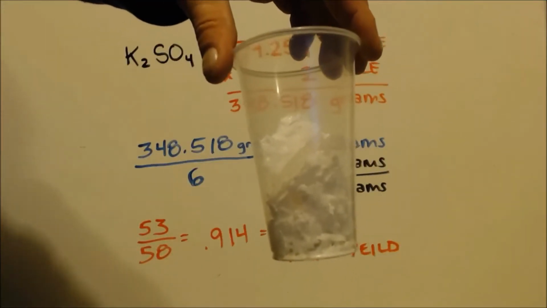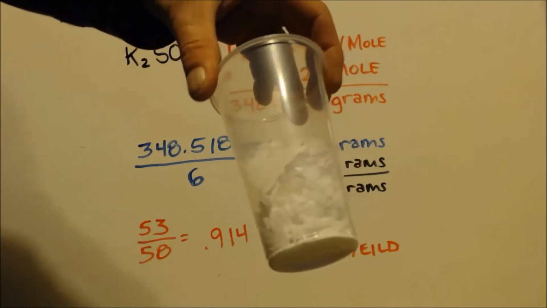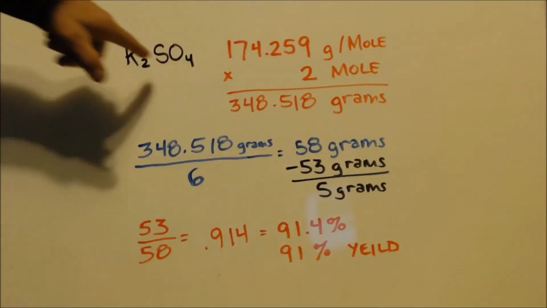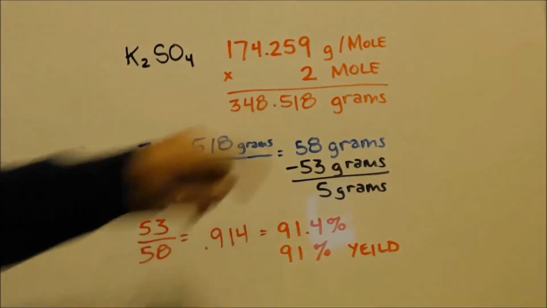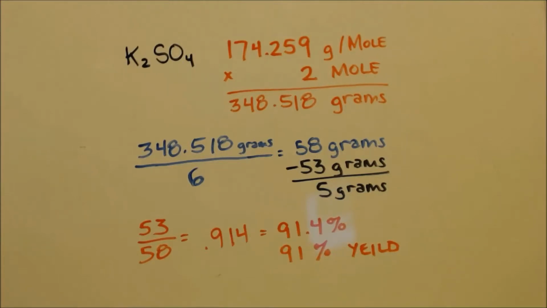Alright, here's the potassium sulfate I got. It's nice and white. Potassium sulfate is 174 grams per mole. According to the equation, we should have got 2 moles, so I doubled it. Got 348. Now, if you recall, we divided everything by 6 so that we would have lower amounts to use for the experiment.